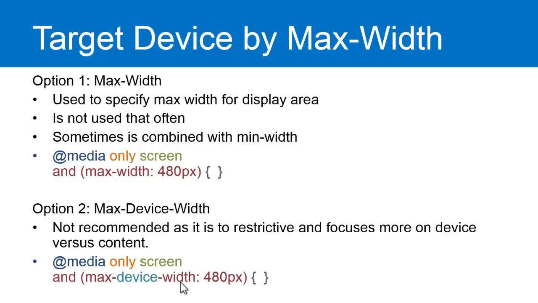Many different browsers or devices have different resolutions, so there's no way you can easily target specific devices, or even if you wanted to, it'd be very hard. So only in certain cases where you really want to get very, very specific on a particular device would you use that device width in your CSS.